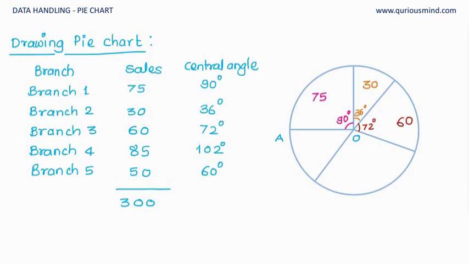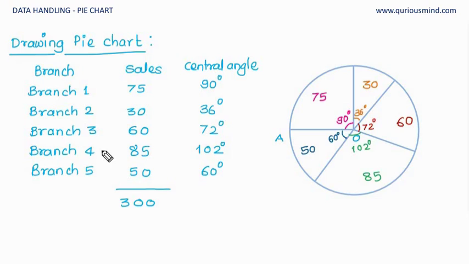The fourth angle was 102 degrees and the value was 85, and the last angle was 60 degrees and the value was 50. And we got the 5 values here representing each branch. And the percentage or the angle is going to give us a proportional value. It's not the absolute value, it is a proportional value. And this is how we draw a pie chart.